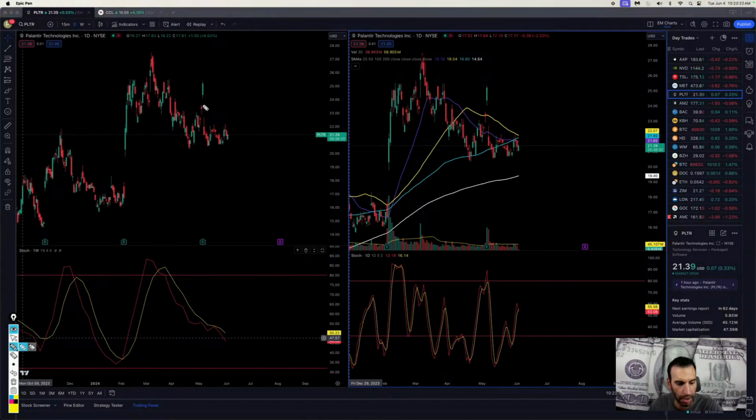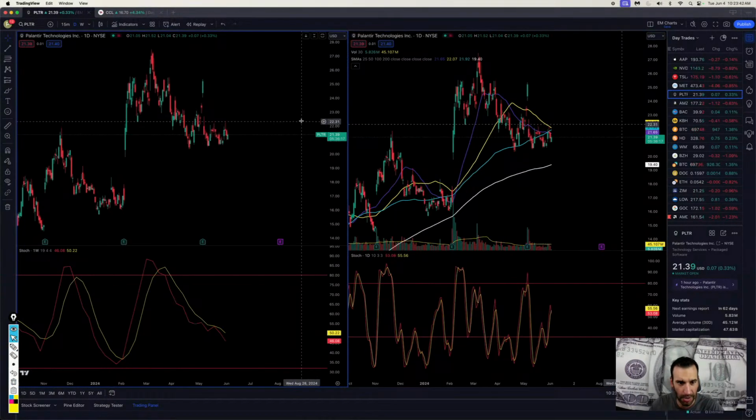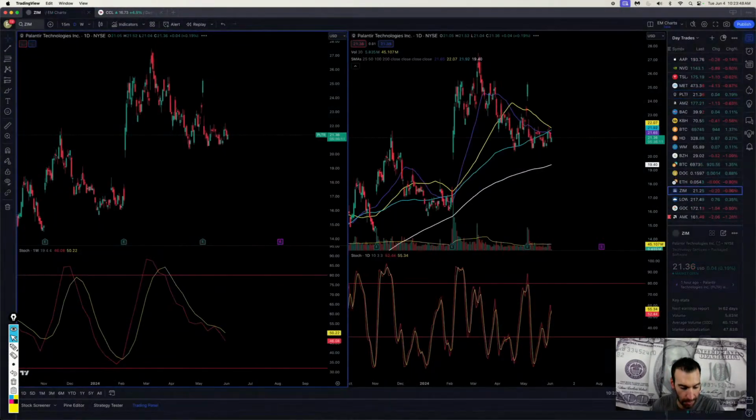I would put a tracker share and wait for a big break right there. It comes down to here, faces a little resistance or support at the 200, and then falls through. But seeing as this is a $21 stock, worst case scenario, you lose $21 if they go out of business. That's the way I look at it.